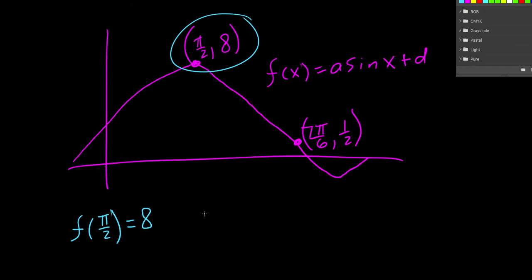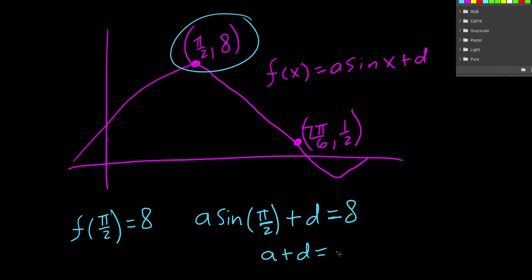And so if we say a sine of pi halves plus d equals 8. And sine of pi halves, if we use our unit circle or even just a calculator, is just 1. And so that simplifies to a plus d equals 8. Okay, so we have that.